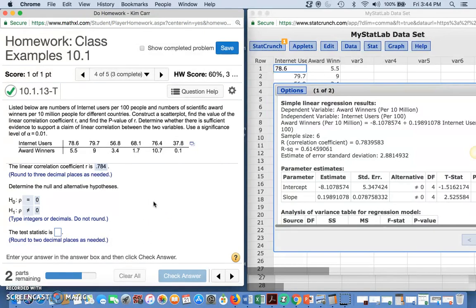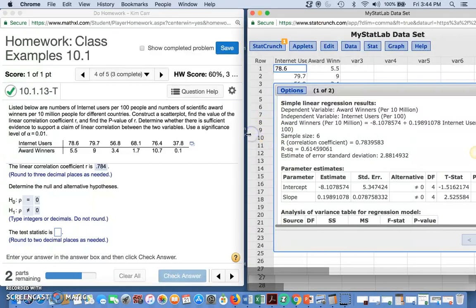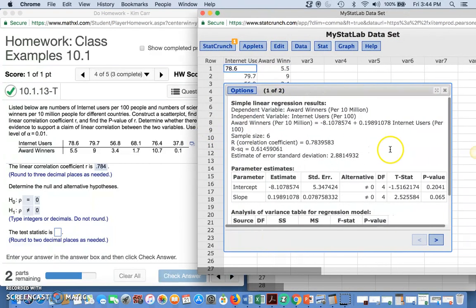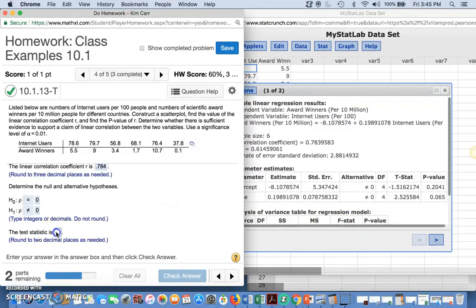Now your test statistic, that is the t-value that's over here. We may have to move this over a little bit to be able to see everything we need to see. Now keep in mind, I told you we were talking about the slope. All right, this would be it right here. Your t-stat, to 2 decimal places, would be 2.53. It would round up.